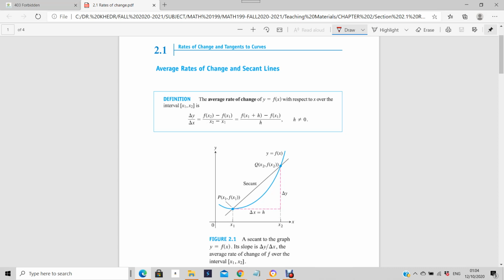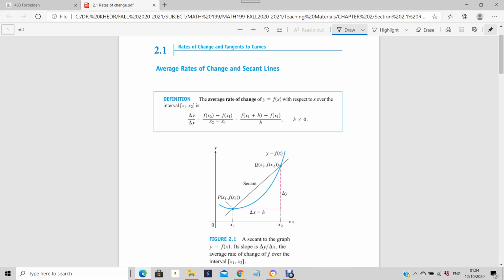Now the average rate of change of this function is defined as delta y by delta x. What is delta y here? Delta y, the length of this vertical dashed red colored line, is the difference between f of x2 minus f of x1, because the line from this point Q to the x-axis is f of x2, which is the value of y at x2.